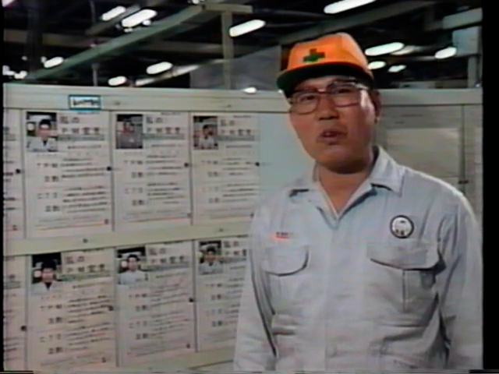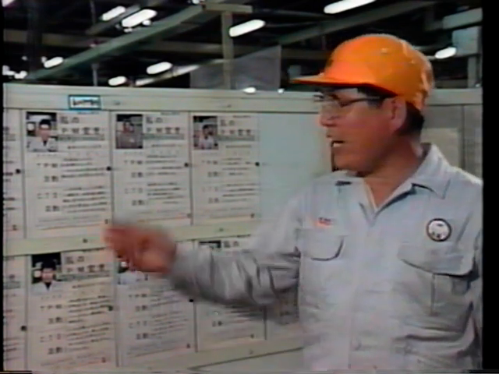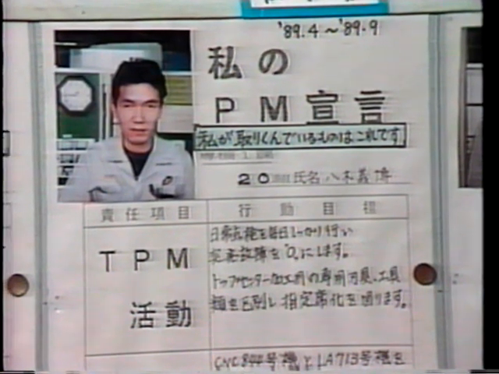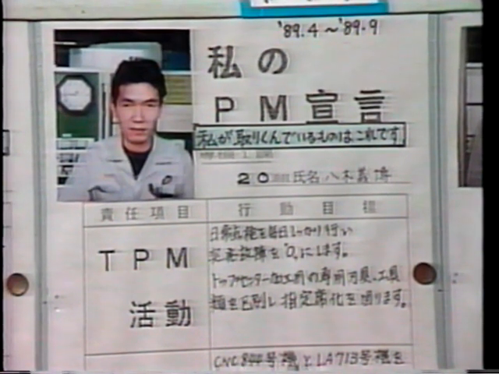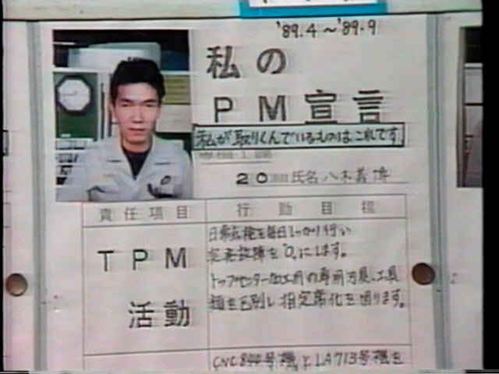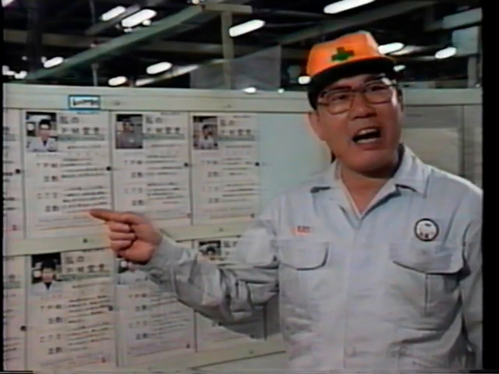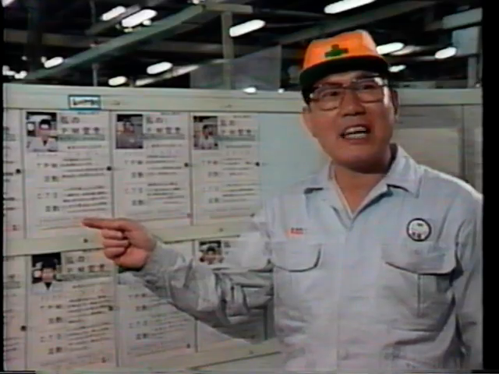For example, this worker's TPM goal is to carry out thorough daily checks and get rid of sudden breakdowns completely. As for C70 activities, he hopes to increase the production target for his 2 machines from 110% to 120%. This kind of thing gives the staff something to really work for, because everyone is fully aware of each other's goals.